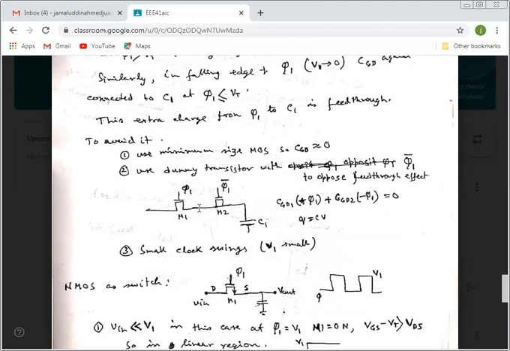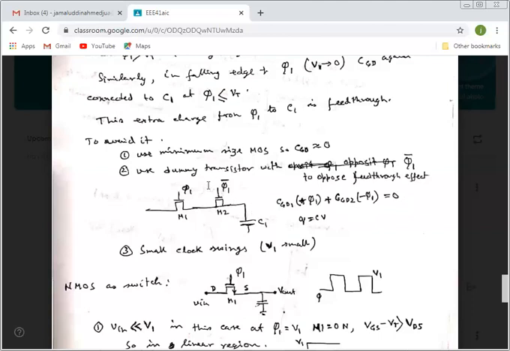So these two charges will be neutralizing, it will not go to C1. Like Q equal to CV, phi 1 into CGD1 minus phi 1 into CGD2. So these two are opposite, so it becomes 0.